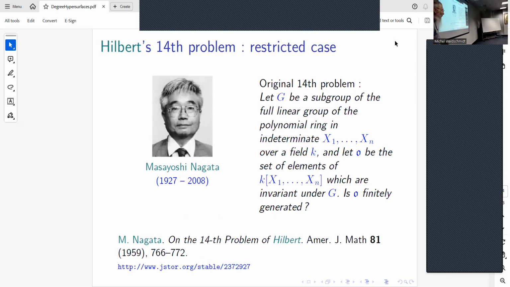Nagata put forward another version of the problem, what is called the restricted case, and it is sufficient to give a counterexample to the restricted case. Take a subgroup G of the full linear group acting on the polynomial ring in n variables. We consider the set of elements which are invariant under G: is it finitely generated? And there is a good reference for that by Nagata, where the counterexample is given.